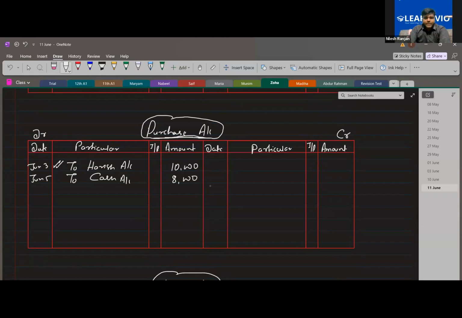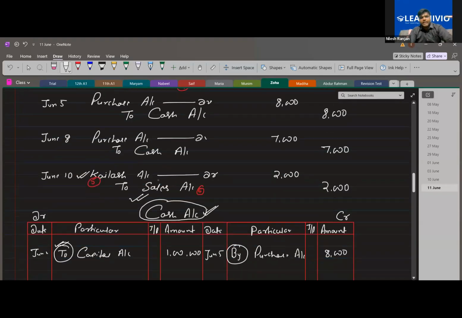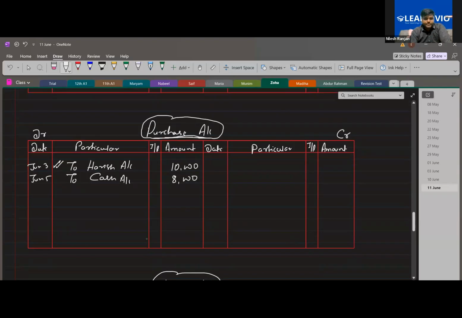And in purchase account, it is June 5, 8,000. Then, sorry, this is the next transaction, purchase to cash. Actually, it is repeated. June 8, again, it will be by purchase, 7,000. And in purchase, it will be to cash, 7,000.